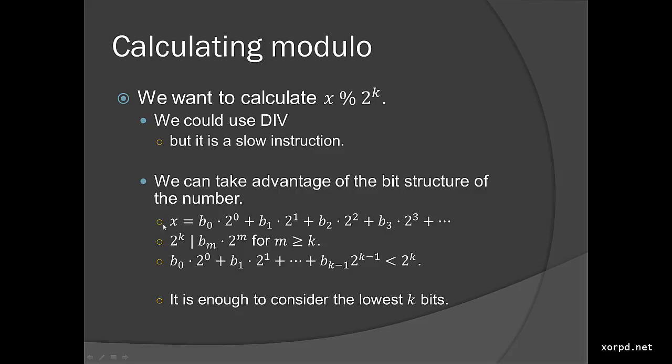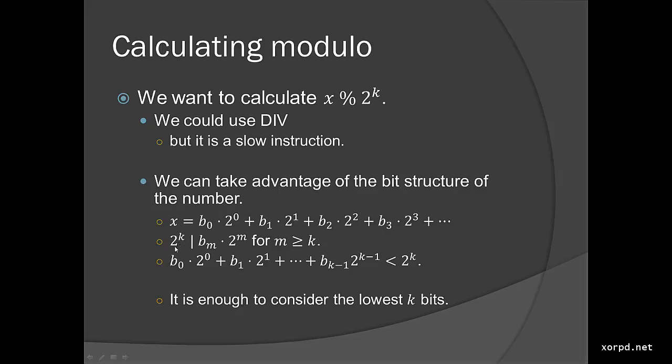We know that the structure of x is something like this: b0 times 2 to the 0 plus b1 times 2 to the first plus b2 times 2 to the second, and so on. This is the usual binary representation. We also know that if we go far enough in this representation, we will get to this element, bm times 2 to the power of m.